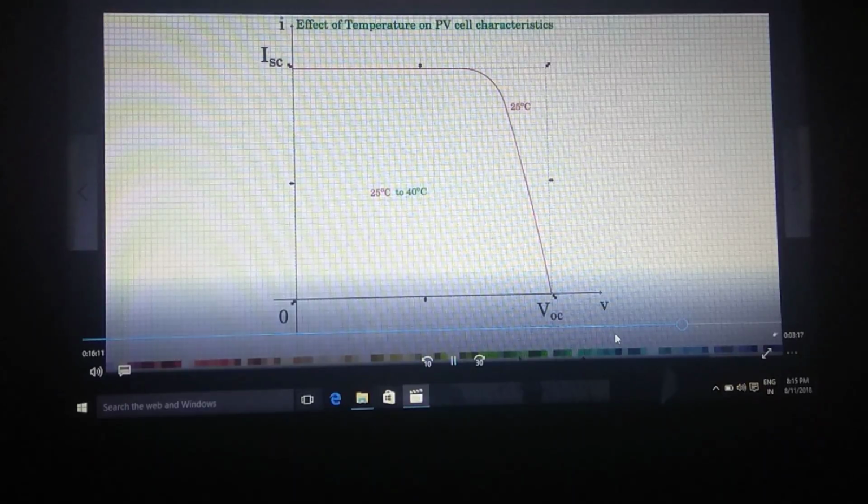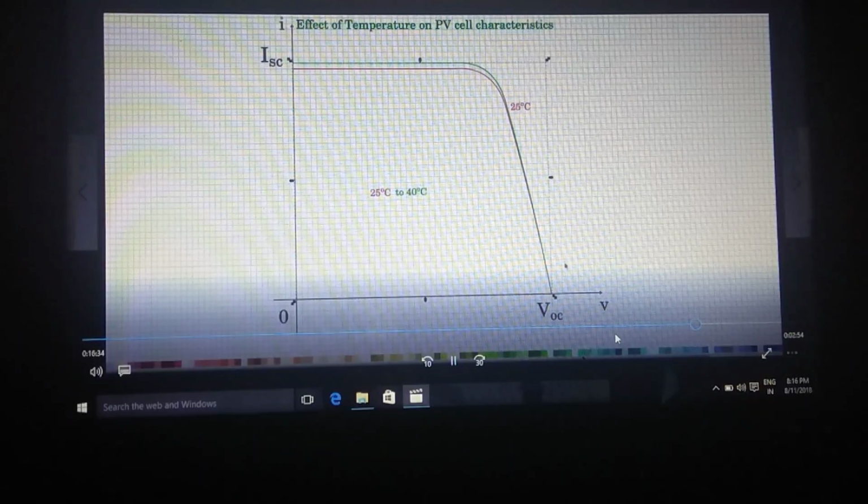Let me change the color to green and superimpose the changed curve. The ISC will vary slightly and it will increase with increase in temperature. That's what we studied. And what happens to VOC?